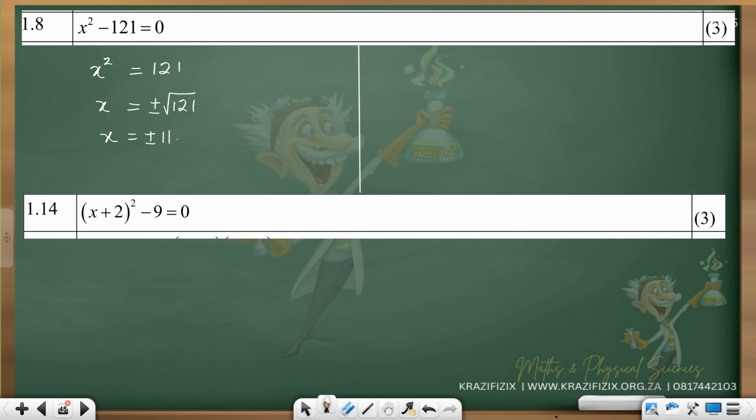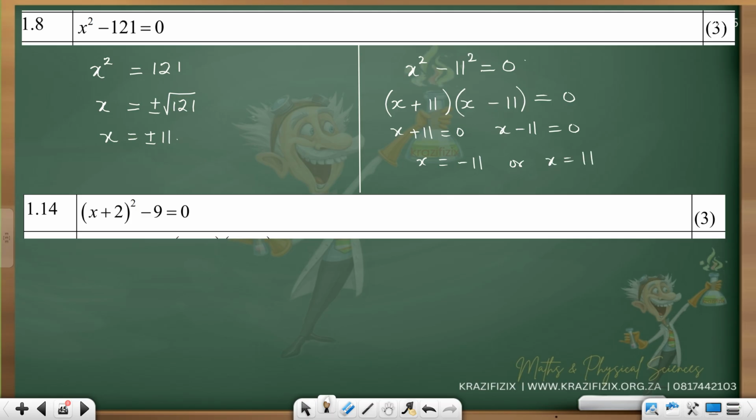The other way would have been to see this as difference of 2 squares. And that would allow me to open 2 brackets, which means x plus 11 equals to 0, x minus 11, and x will be equal to negative 11, or x equals to 11.